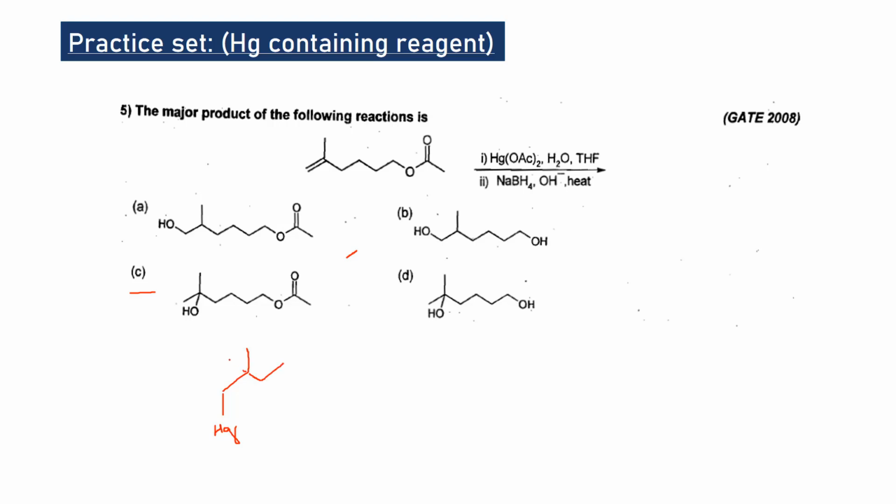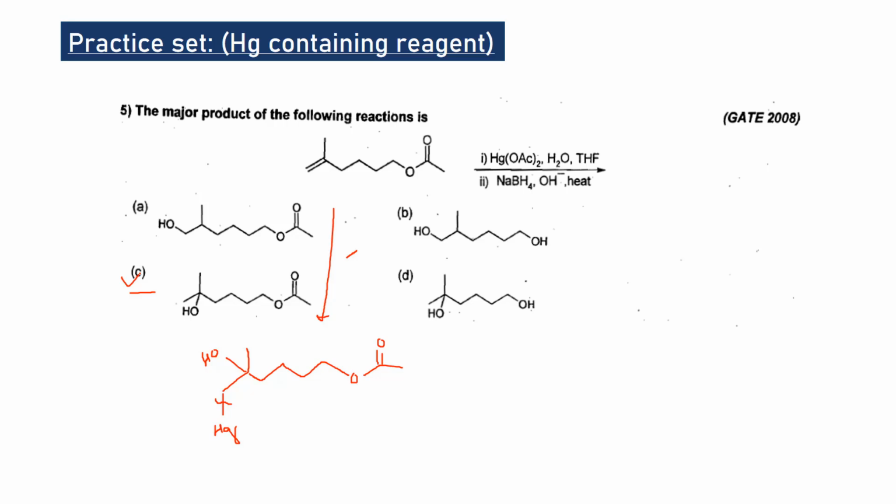Sorry, OH, as OH is given, so OH will be added here. I am just jumping the step, okay? I think you have understood how I have gone through. As it follows the Markovnikov rule, obviously the OH will go where the number of hydrogens is less. So OH will attack here and mercury will attack here. After that, if NaBH4 is added, this bond cleaves and we will get this as our product.